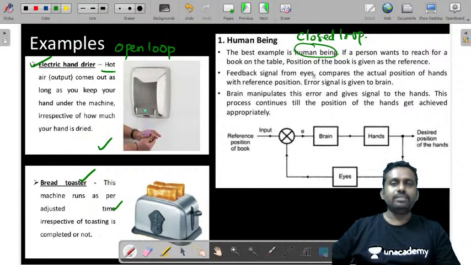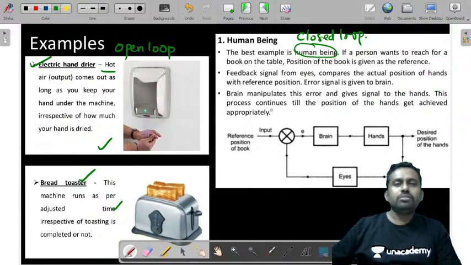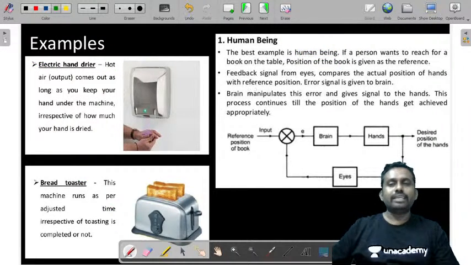The feedback signal from the eyes compares the actual position of the hand with the reference position, and an error signal is given to the brain. The brain manipulates this error and gives a signal to the hand. This process continues till the position of the hand is achieved appropriately. Although we do this very quickly, you can imagine what exactly is happening, very fast.